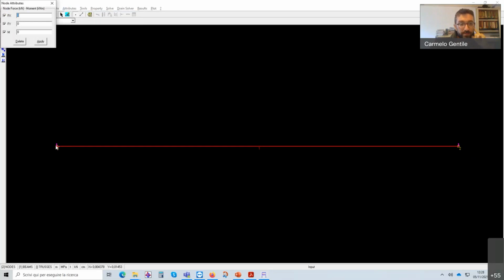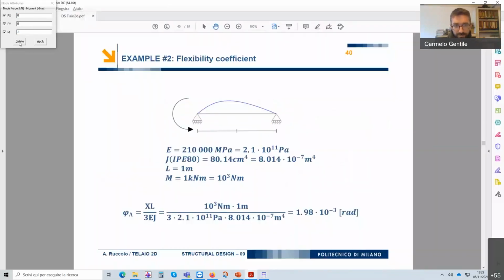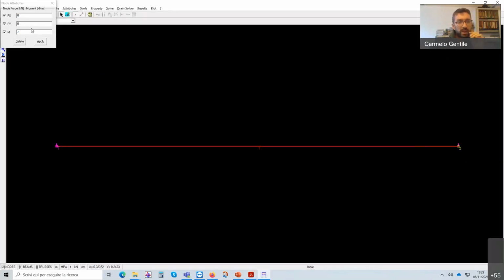So force moment. We select node 1, and we just say equal to -1. Am I right? Okay. I don't know if it is 1 or -1. Let's go for 1. And we see that it is counterclockwise, so exactly what we wanted.